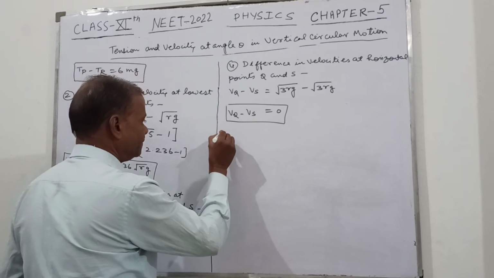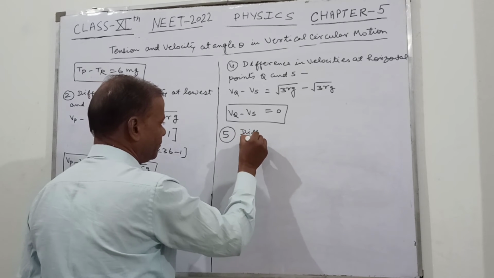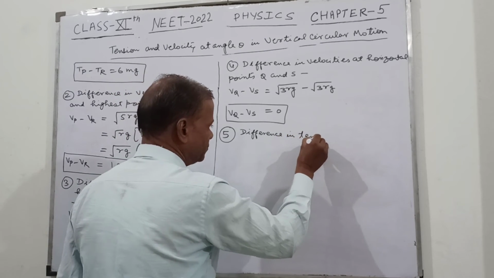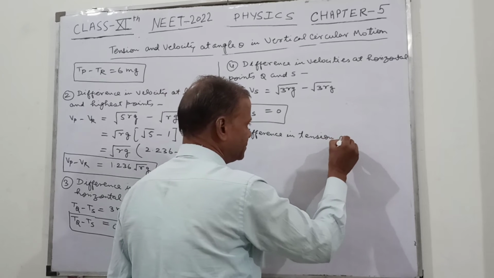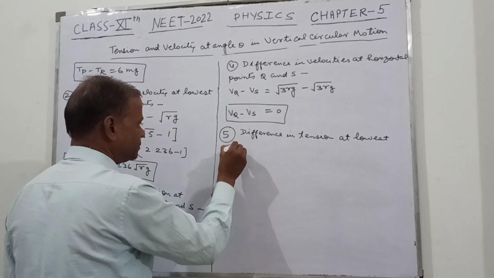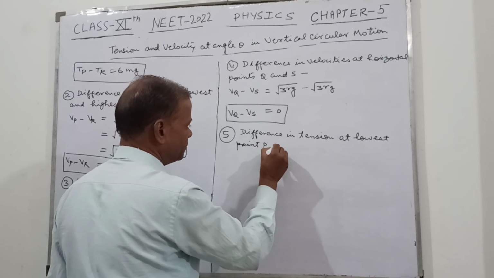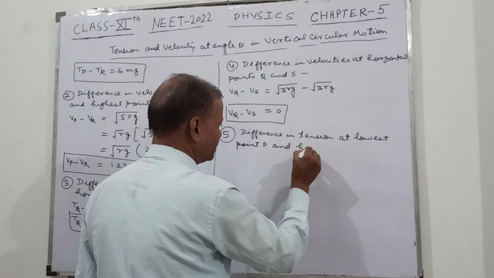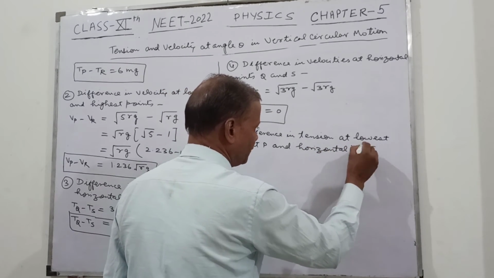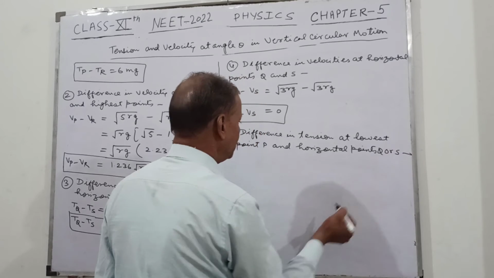Now number 5. Difference in tension at lowest point P and horizontal points Q or S. What do we have?